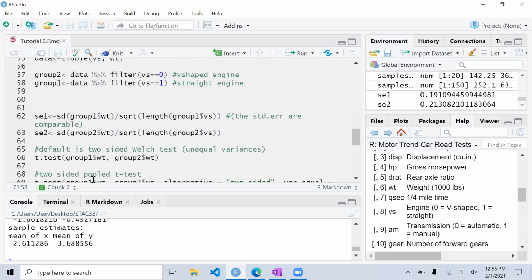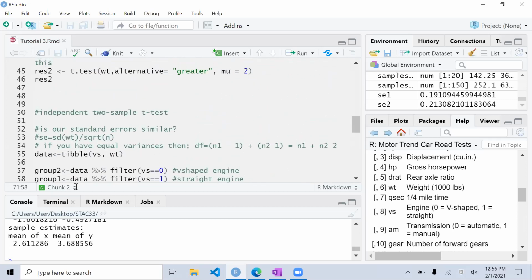I just want to point out one more thing, which is the degrees of freedom for a pooled t-test, right? So this is for pooled. If you have a pooled t-test, you will notice that you're doing n1 plus n2 minus 2 because you have independent samples and they each have degrees of freedom n minus 1, right?